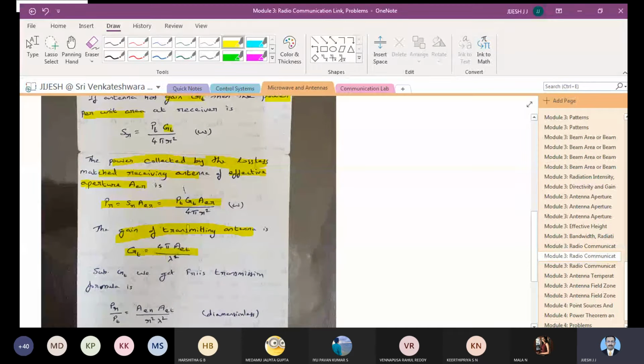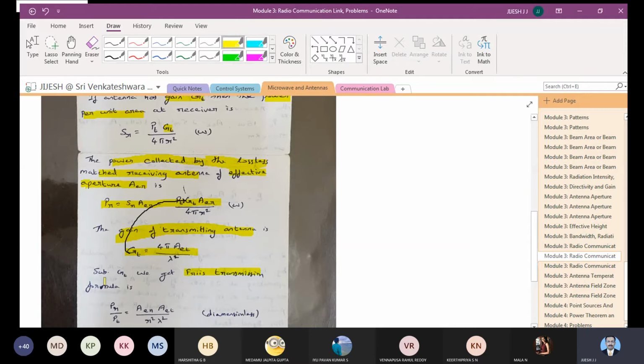What you can do now is substitute this GT here. Substituting GT, we get the Friis transmission formula. So this equation, which I am going to explain now, is called the Friis transmission formula. You substitute GT here.